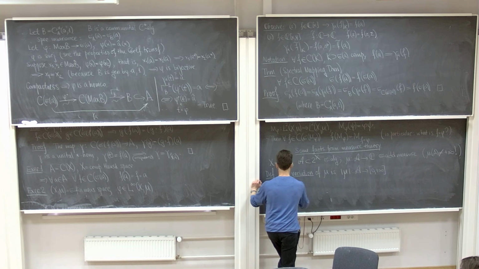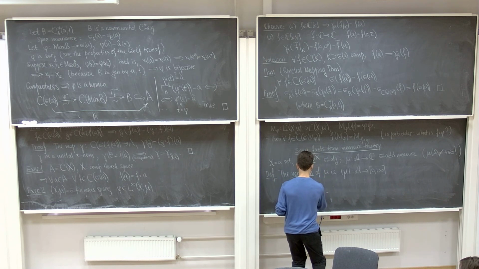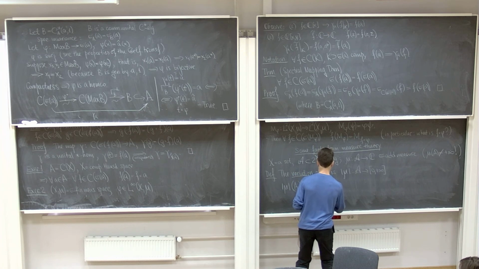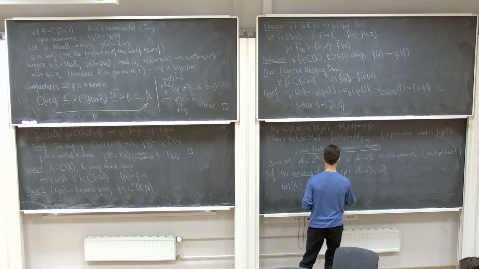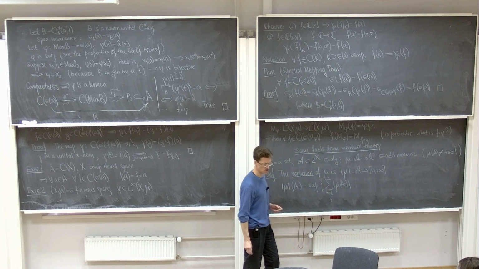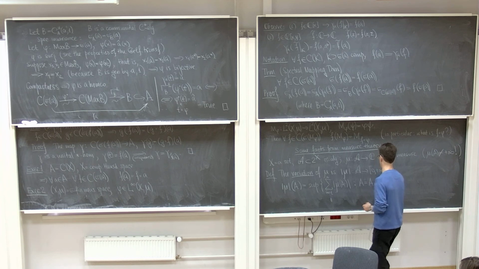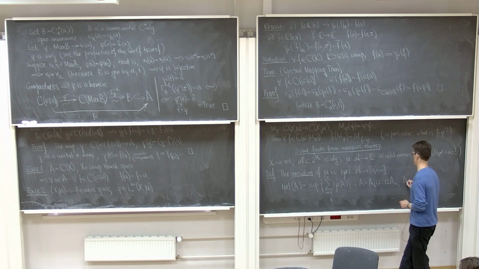If we take a measurable set A from our sigma algebra, we take the supremum of all finite sums of the following form, where the supremum is taken over all partitions of A into finitely many pieces, A1 to AN, from the same sigma algebra.